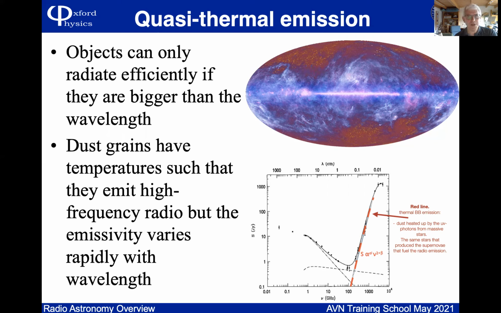This is thermal radiation, but the dust grains that are radiating are actually smaller than the wavelength of the radiation they're emitting, so they don't emit very efficiently. But as you go up in frequency, the wavelength gets closer to the size of the grain, and the efficiency of emission goes up very rapidly. So you get a very steep rise in brightness in the few hundred gigahertz range as the wavelength starts to match the size of the dust grains more accurately.